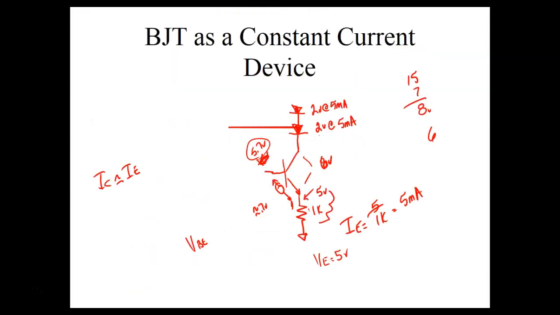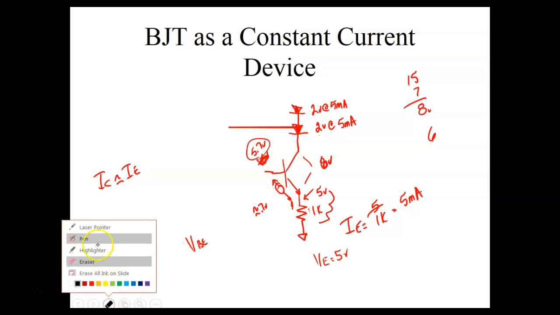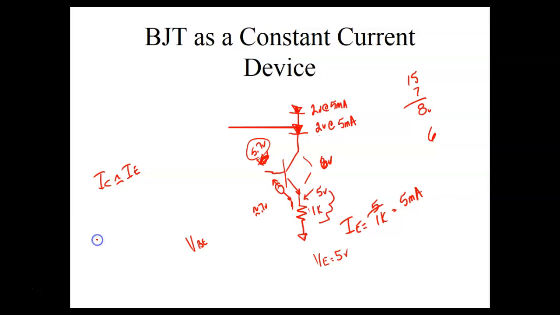So if I came over here and added another one, automatically it's going to say, okay, this guy here is going to drop 2 volts at 5 milliamps. Well, the problem is I only got what up here? The only thing I got up here is plus 15 volts. So I can't have more than 15 volts dropped in my circuit. So as soon as the transistor saturates, when it goes below 1 volt, then we can't add any more LEDs.